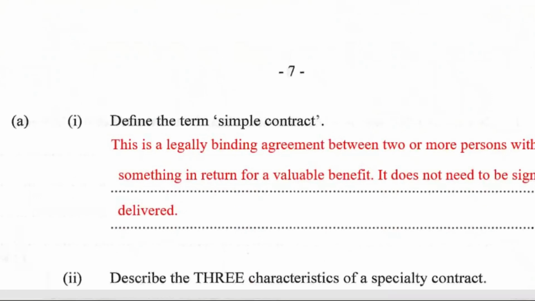Describe the 3 characteristics of a specialty contract. Can you think about it? So it's not asking about the characteristics of a simple contract now, but a specialty contract. Think about it.